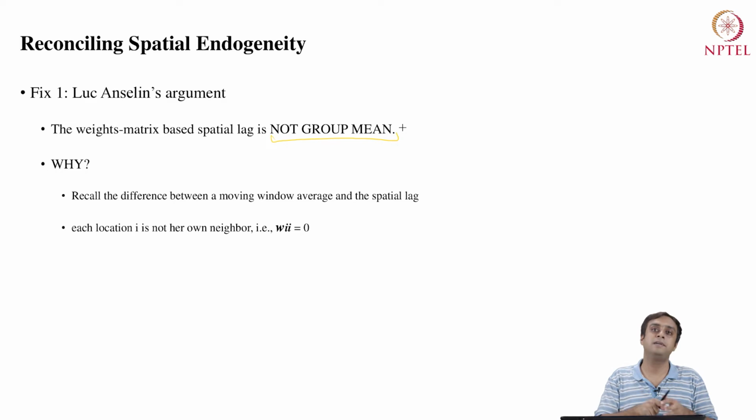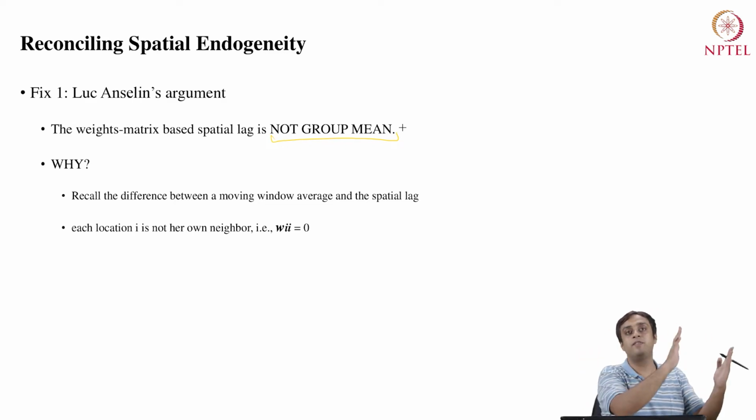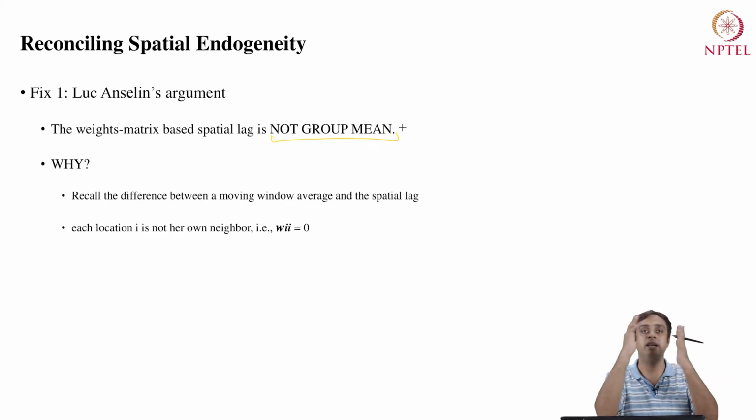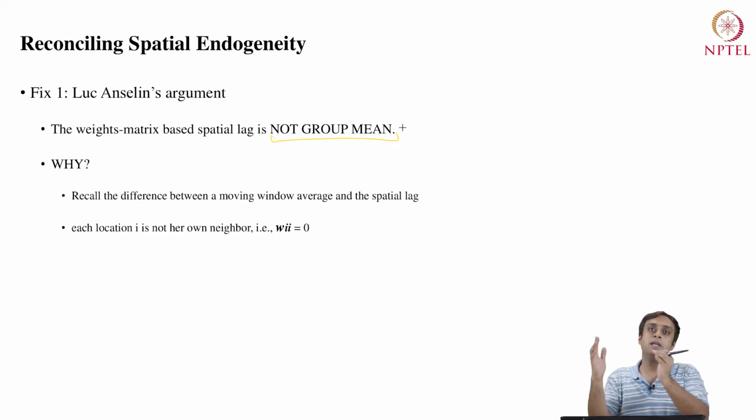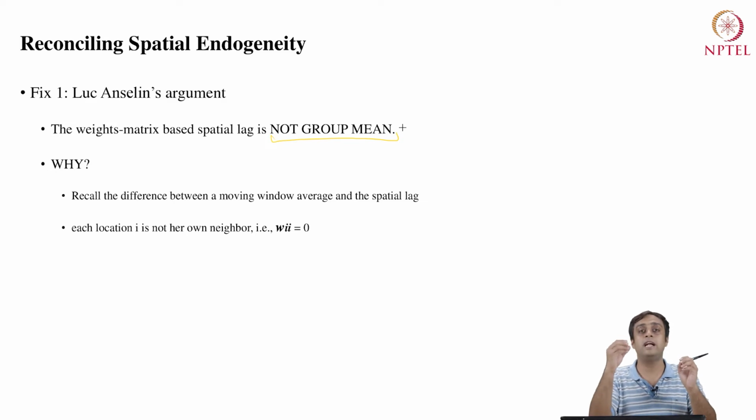Remember, we looked at this idea of a moving window average, right? In this moving average, what we learned was the difference between a time series moving average window and a spatial moving average window is that W_ii is 0, that is to say the center point of this moving average window is not counted.